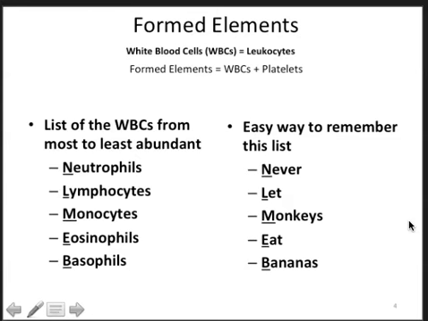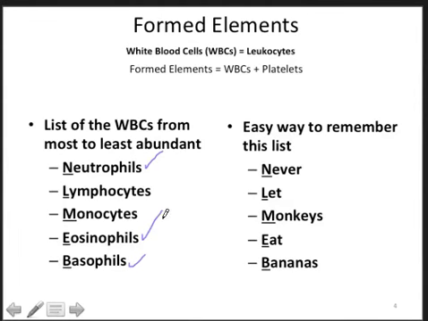If we were to categorize the white blood cells in order from most to least abundant, we would find that the neutrophils are the most abundant in a typical blood smear, followed by the lymphocytes, then the monocytes, the eosinophils, and the basophils. Now, of these, we should note that the granulocytes include the neutrophils, the eosinophils, and the basophils.